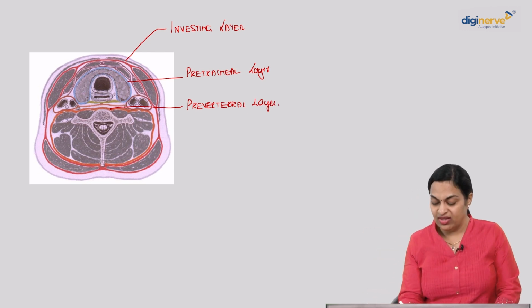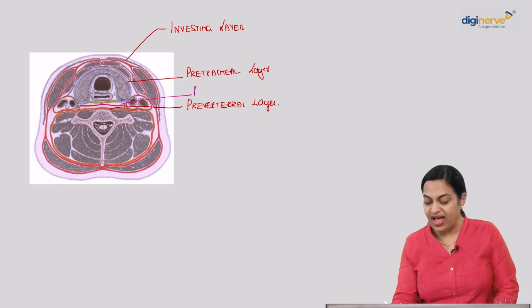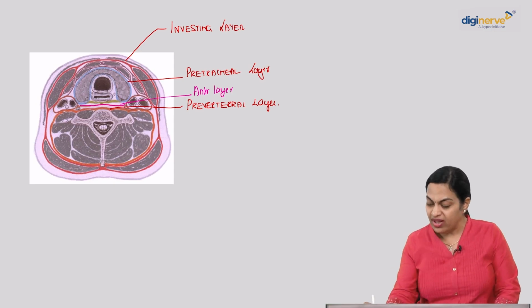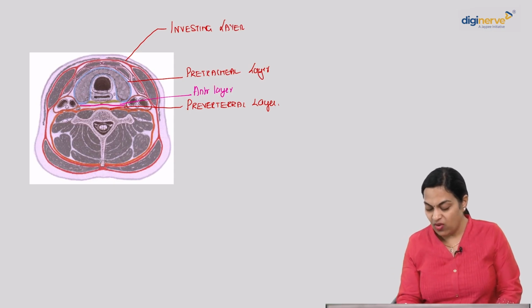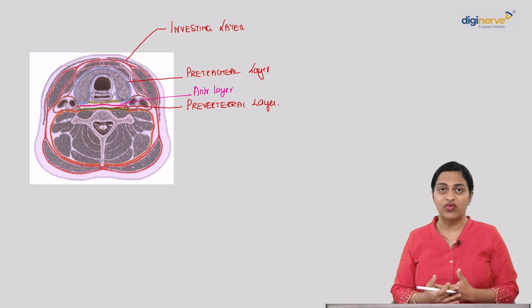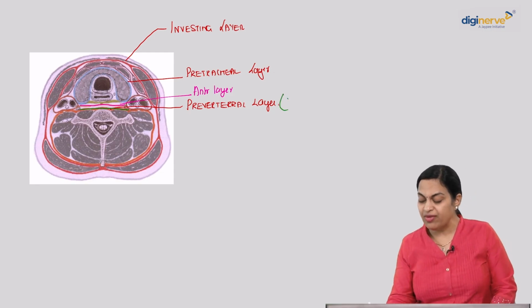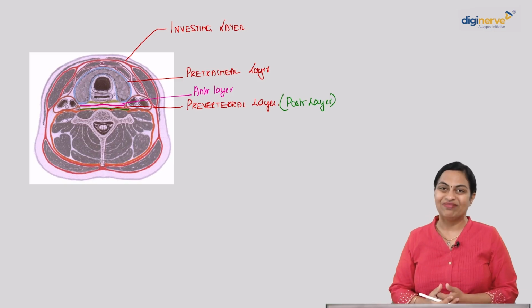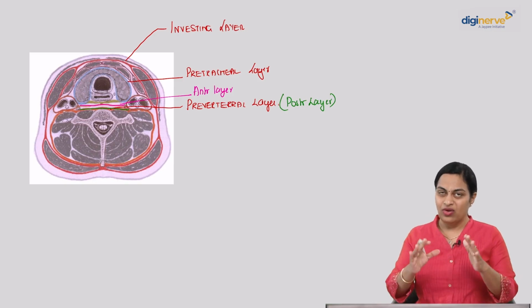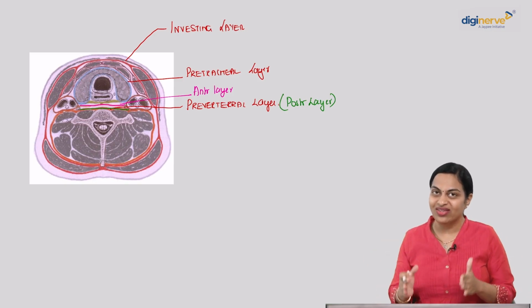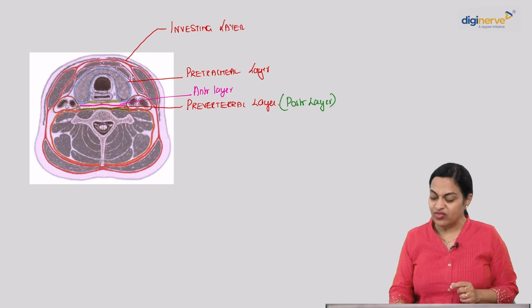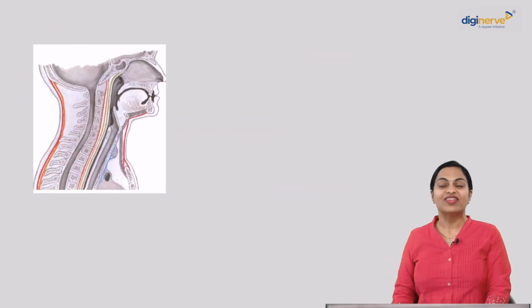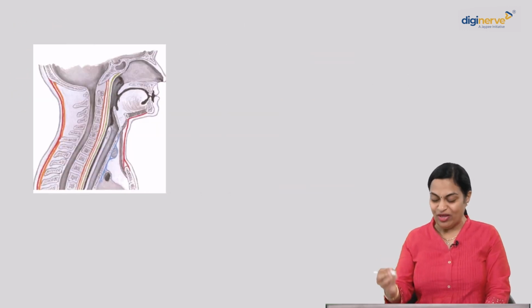The one in the front is the anterior layer of the prevertebral fascia, and this one behind, covering the anterior surface of the cervical vertebra, is the posterior layer of the prevertebral fascia. Okay. So you can identify the 3 layers in this image. Let us identify the 3 layers in this image also.